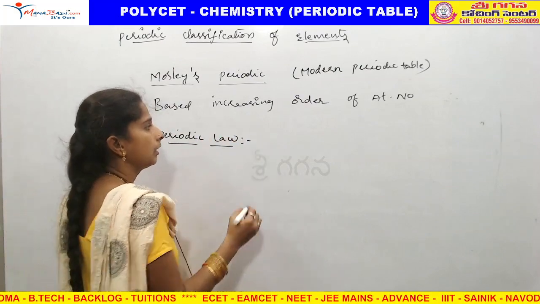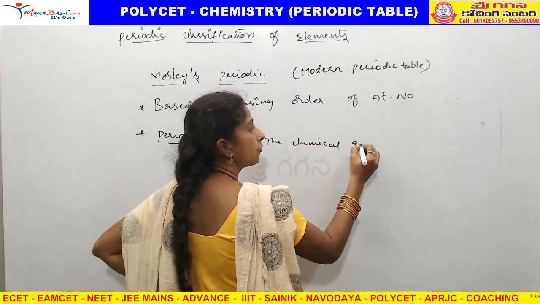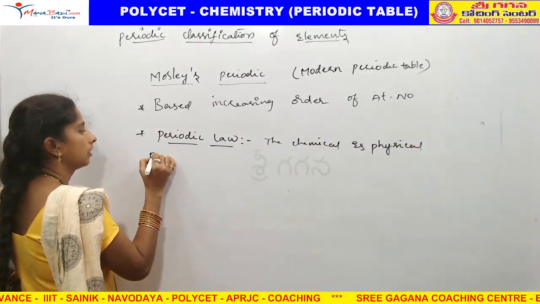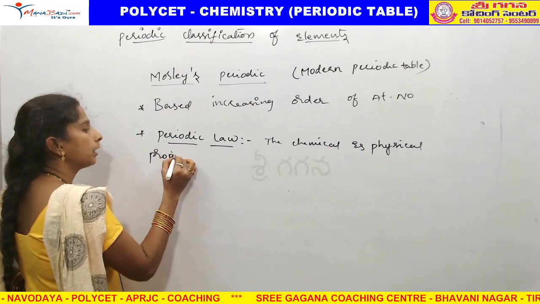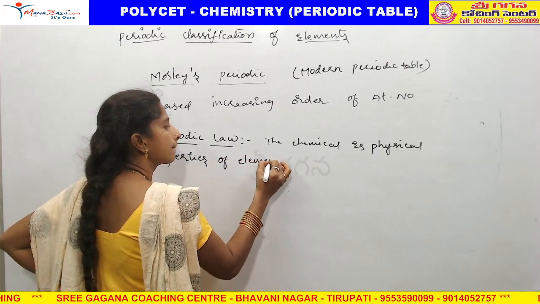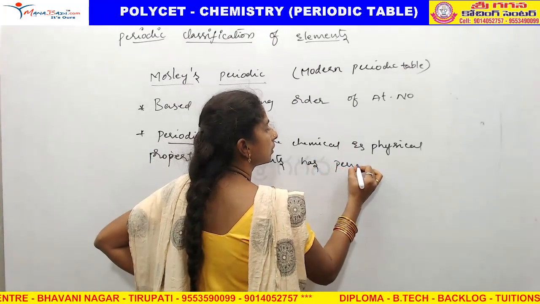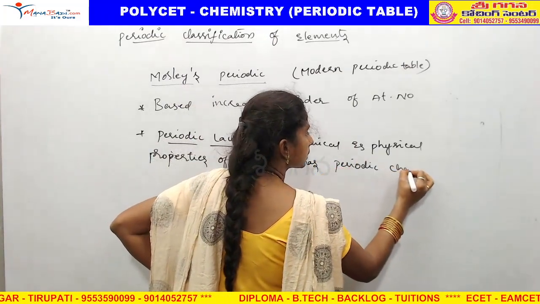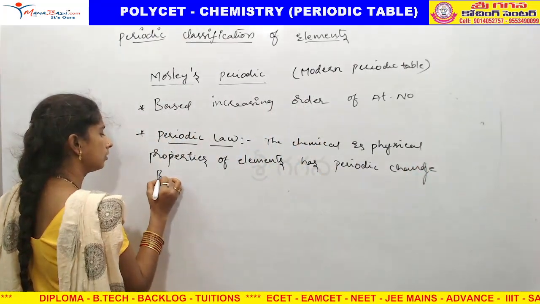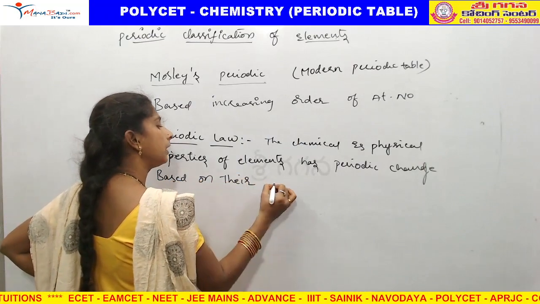Periodic law means the chemical and physical properties of elements have periodic change based on their atomic number.